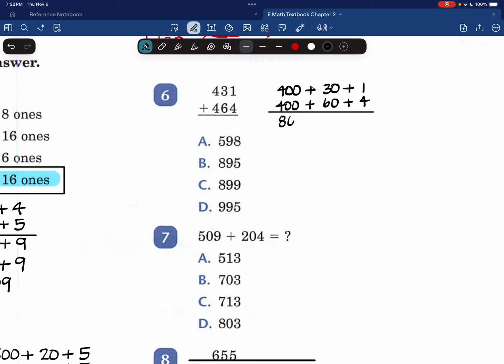So we have 8 hundreds, 9 tens, and 5 ones, or 8, 9, 5. And that would be answer B as in boy.